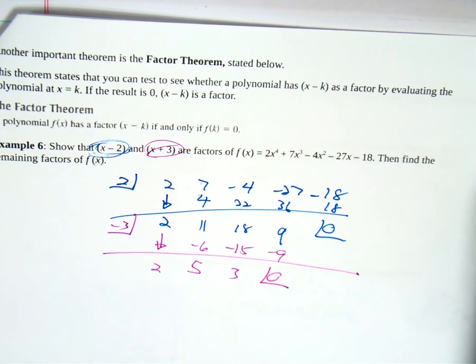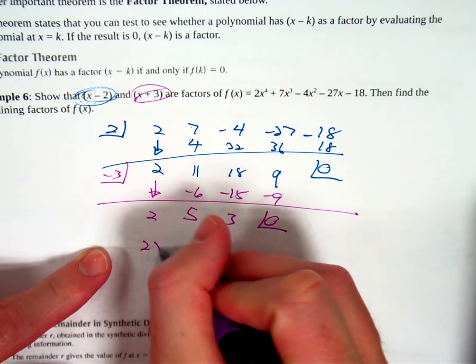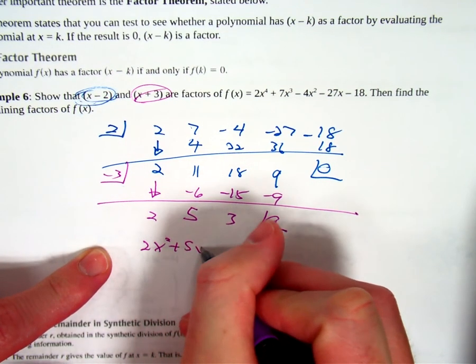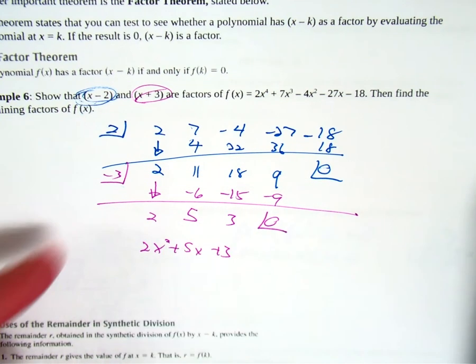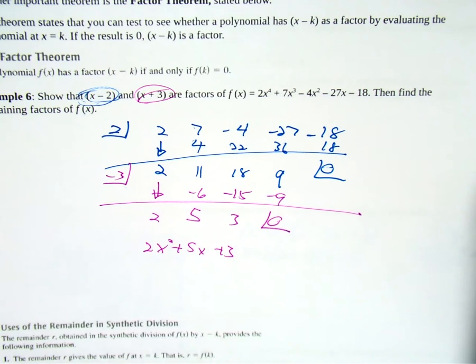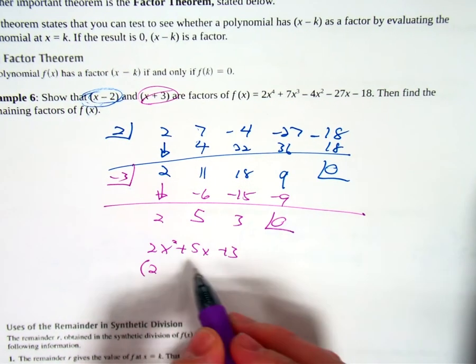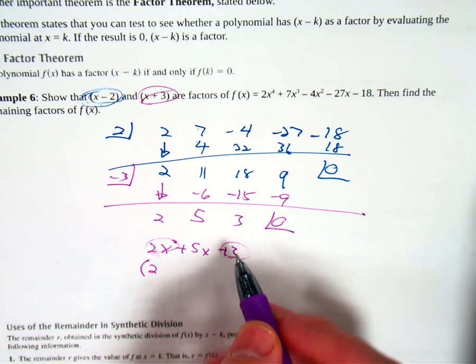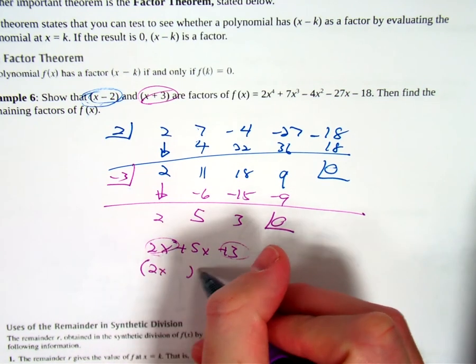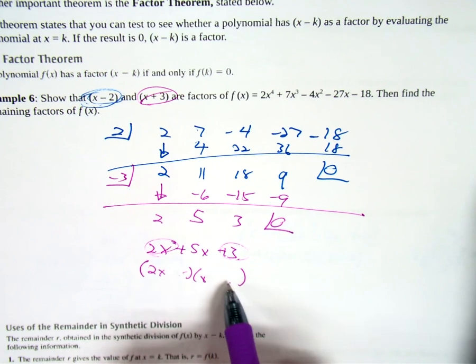Okay, and that is 2x squared plus 5x plus 3, which is a little bit easier to factor just by looking at it than the x to the fourth one. So this is just guess and check. It's such small numbers in the front and the back. It has to be a 2x and an x, and then it has to be a 3 and a 1. Now you just got to figure out what the order is.